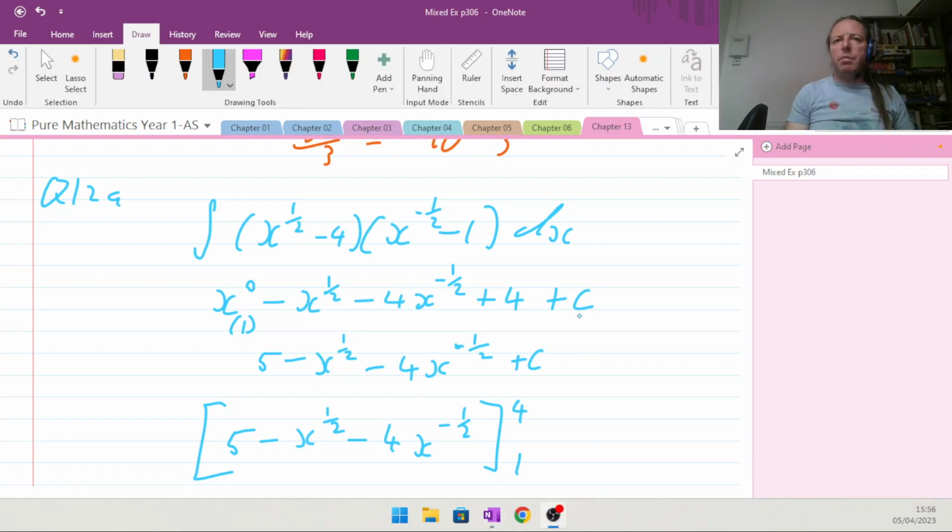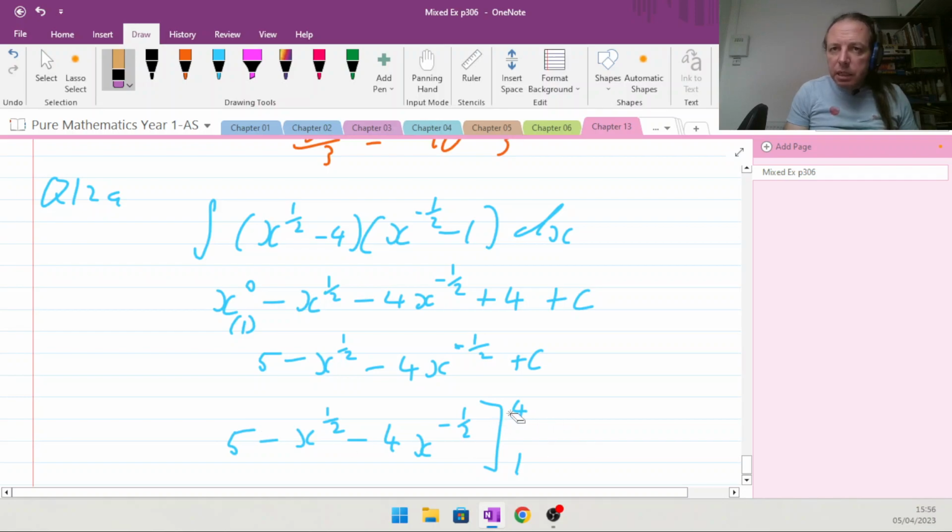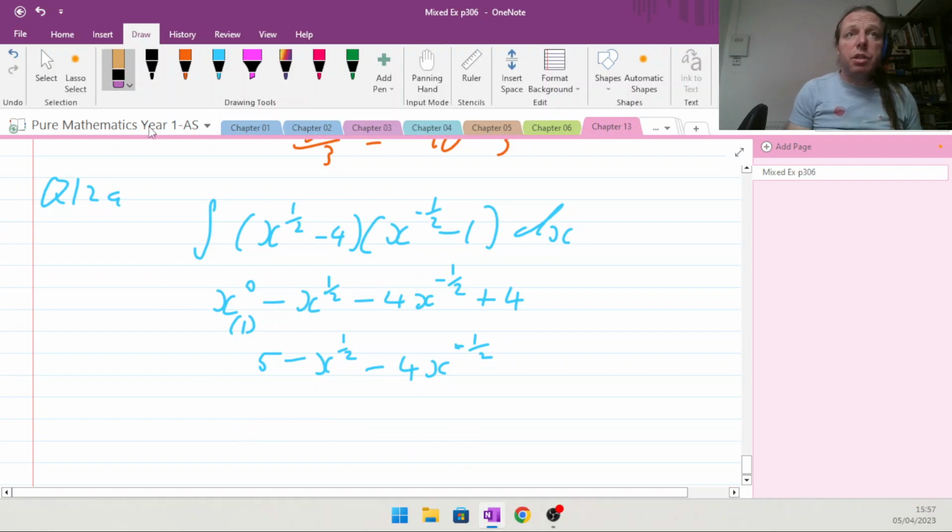Well, that would have been all very wrong because it's not that at all, is it? We should probably actually do the integration, not just the multiplying out. So all of that still needs to be integrated.